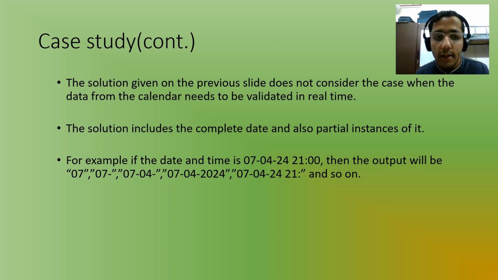Like if the date is 070424, it will match 07 with the first part of the regex, and that will be printed. Then it will move on to 07 hyphen. Even that as a separate string will be printed. Such partial instances will be printed which we do not desire to have. So we will write a new regex which is discussed on the next slide.